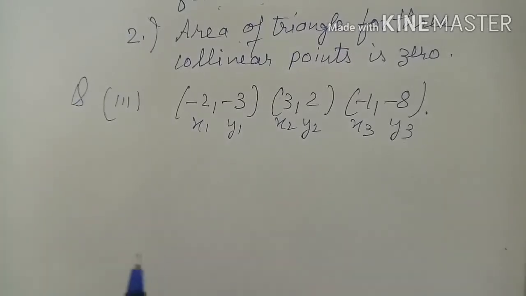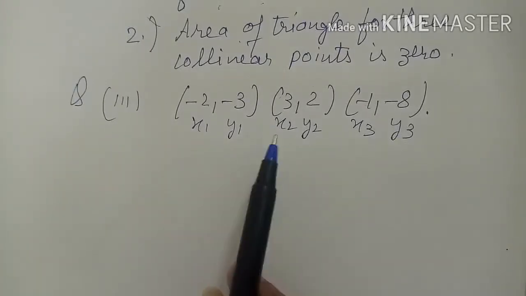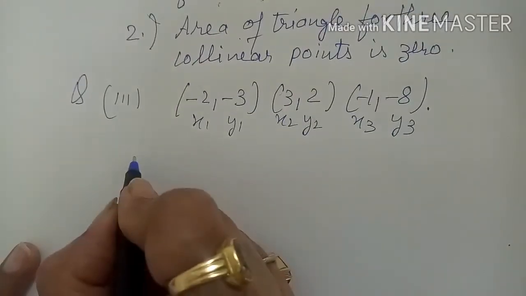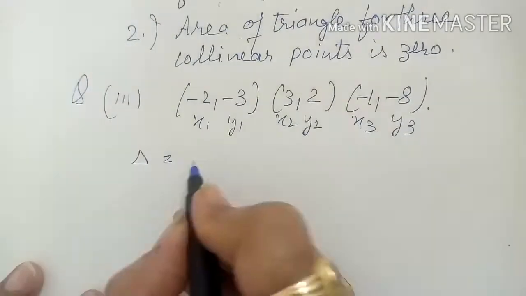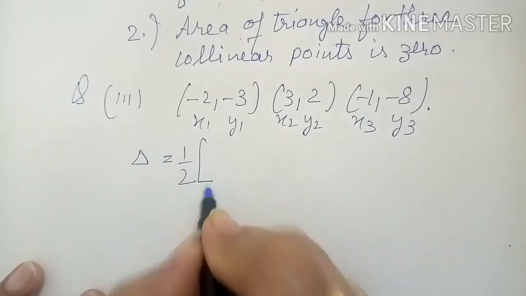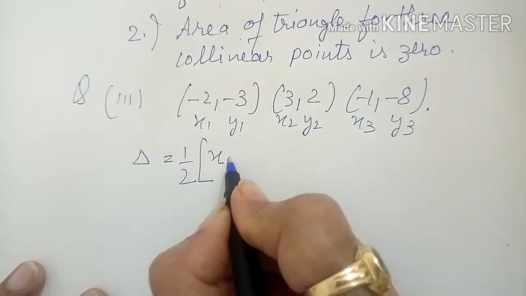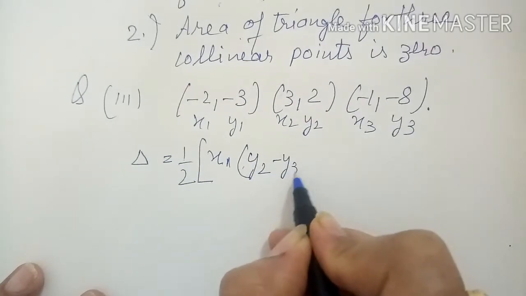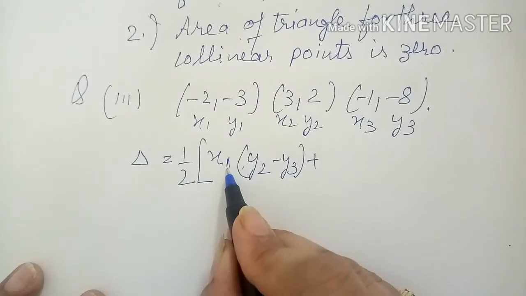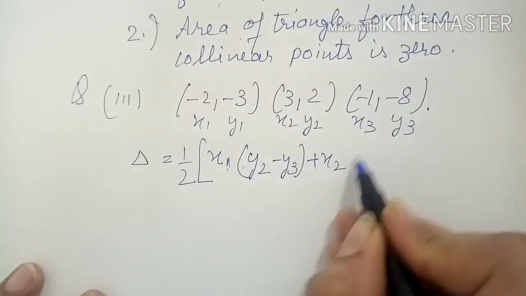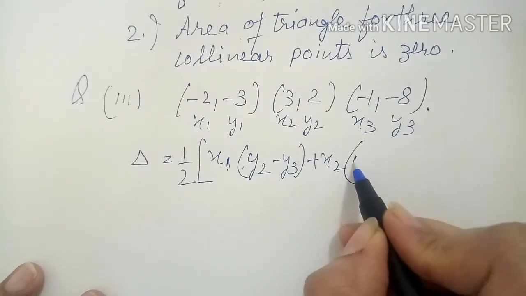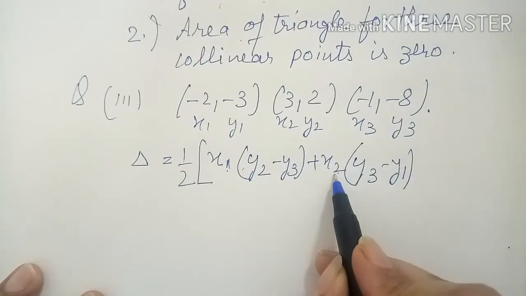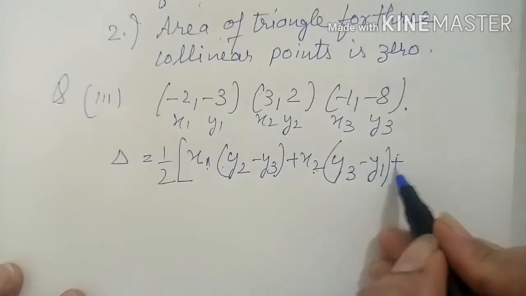First question, third part of solving. We have to find the area of the triangle and the vertices are given. So area will be represented by this triangle, then half. First we'll write the formula. It will come 1 outside, then after 1 2, then y2 minus y3, then next it will be 2, then next after 2 it will be 3, y3 minus y1, then after 2 it will be 3.